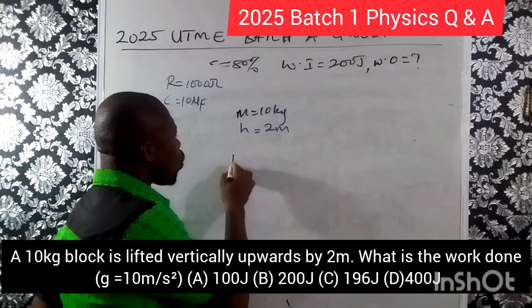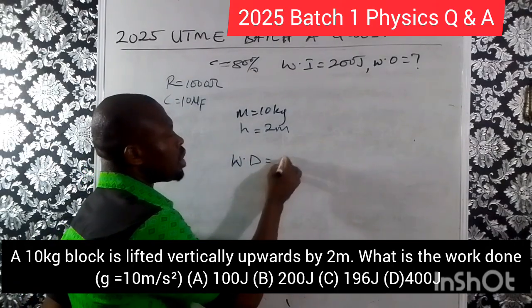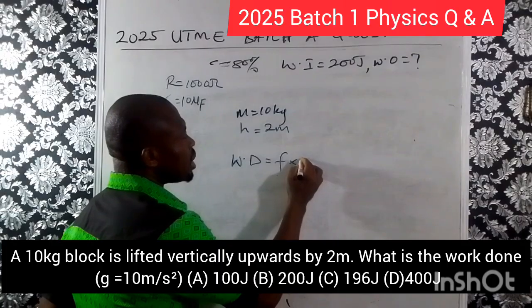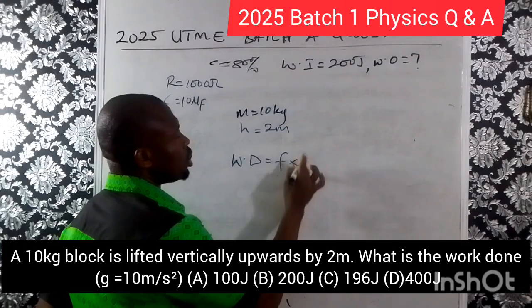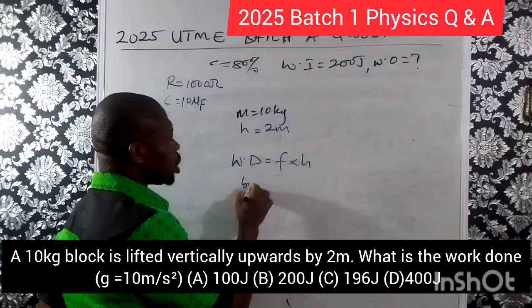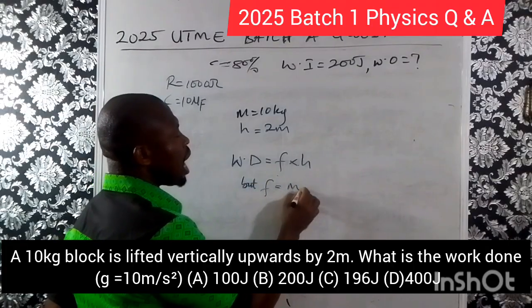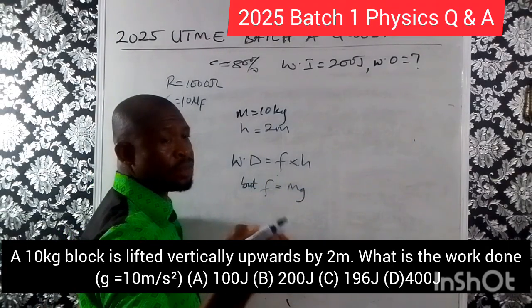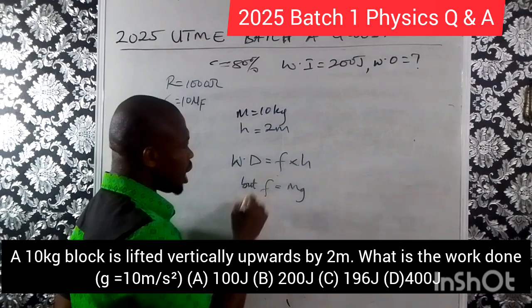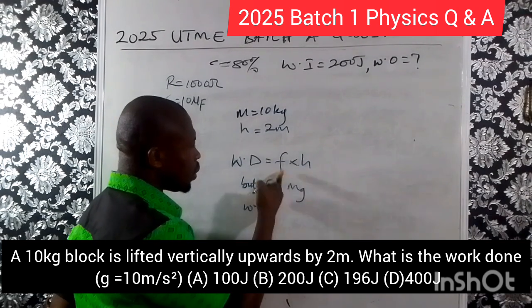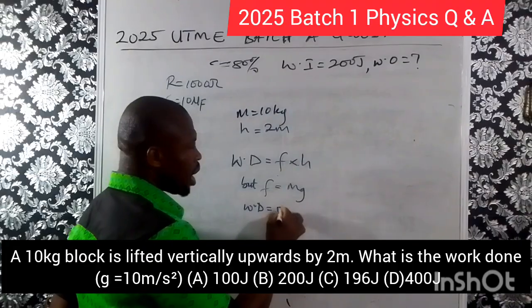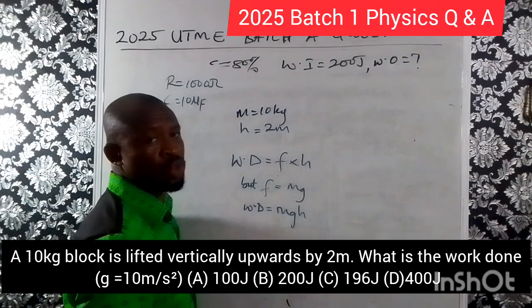Now, the work done, we know, is force times distance, or force times h. But F is mg. Remember, we are given mg there. So if you put mg here, the work done is equal to mgh. That is what we have here.